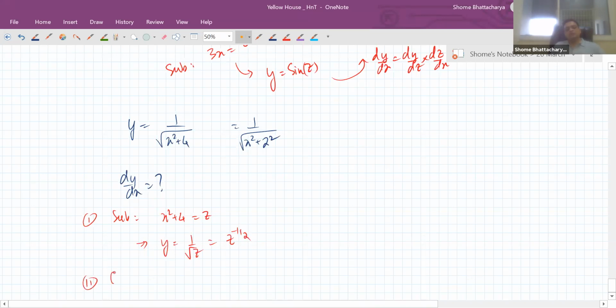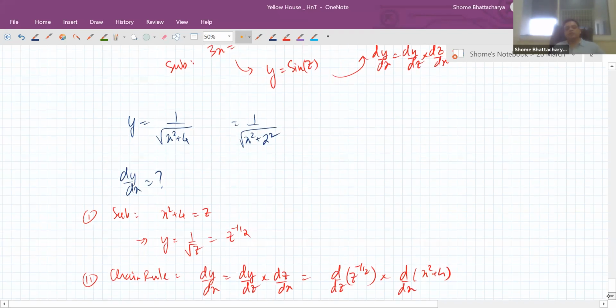Then second step I'll use the chain rule that dy by dx is equal to dy by dz into dz by dx. So that is differentiation of z to the power minus half into differentiation with respect to x of z, which is x square plus 4.